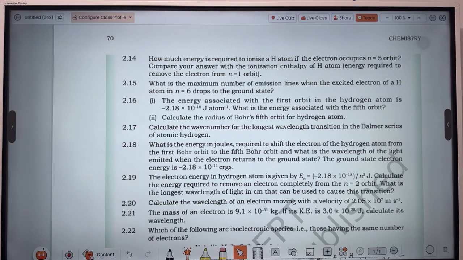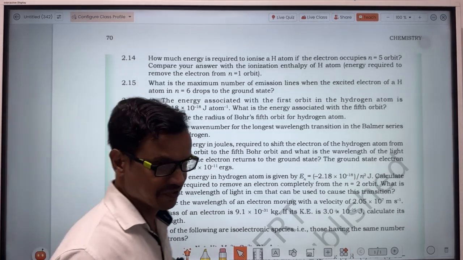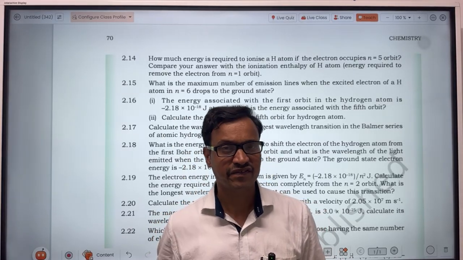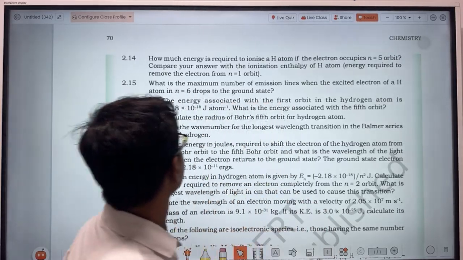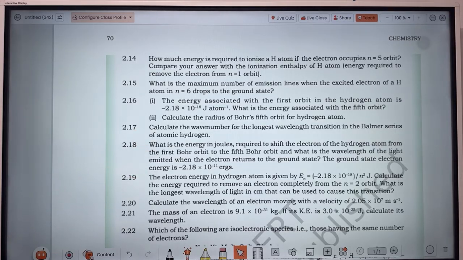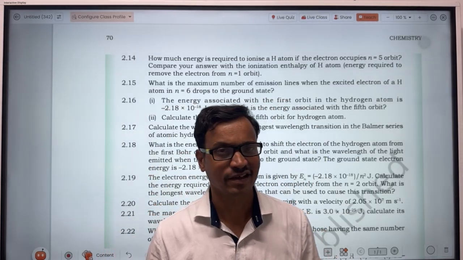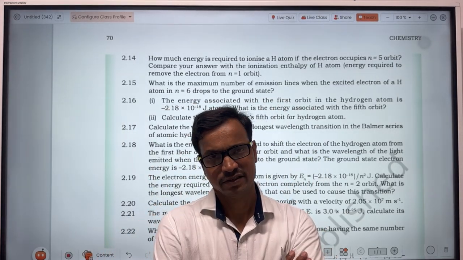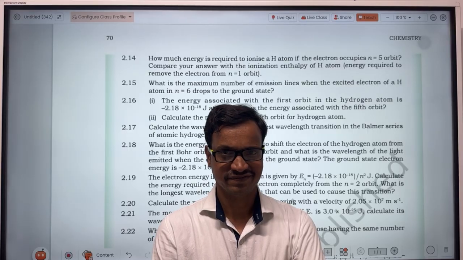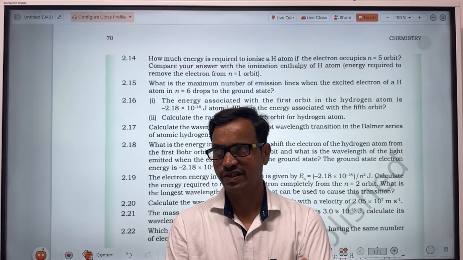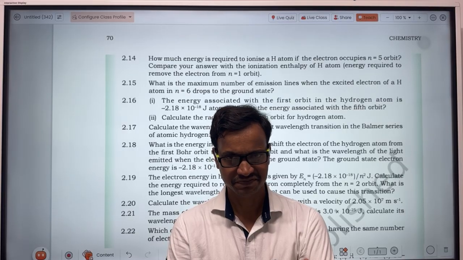The electron is revolving in the fifth shell of the hydrogen atom. In the hydrogen atom, the electron is revolving in the fifth orbit, and it is asking how much energy is required to ionize the hydrogen atom. When the electron goes to infinity, the energy of the electron becomes 0.